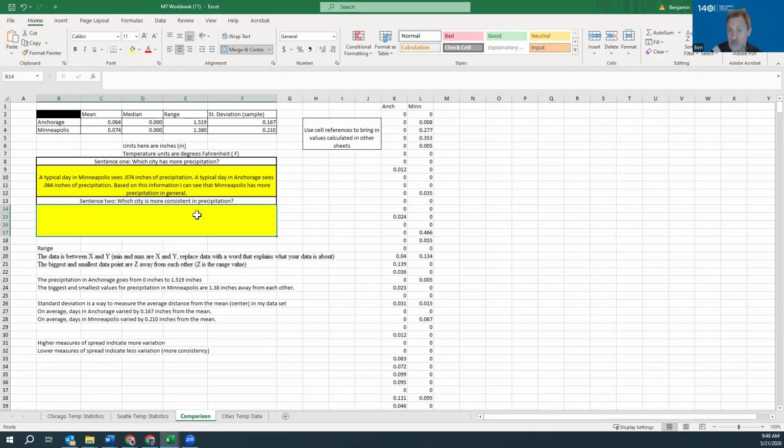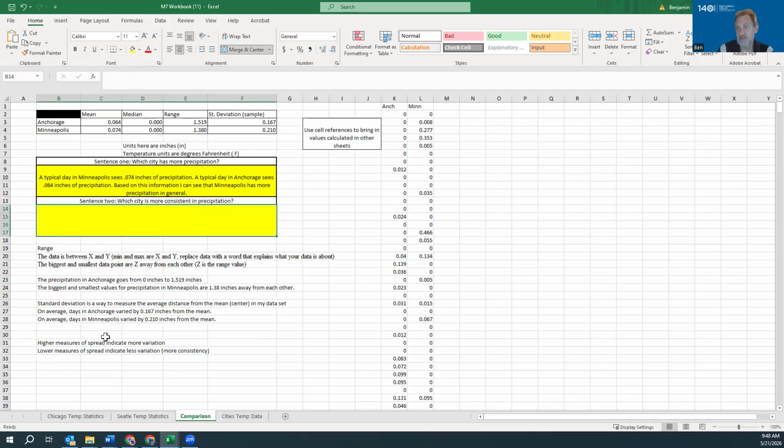Well, it depends on how I measure it, because if I measure it by range, the lower number is in Minneapolis. But if I measure it by standard deviation, then the lower number is in Anchorage. So actually, I could answer it either way, or I could go full complication and say, well, it's mixed. If we look at the range, we can see that Minneapolis has a more consistent level of precipitation because it's a smaller number. But if we look at the standard deviation, then Anchorage has less variation and more consistency.